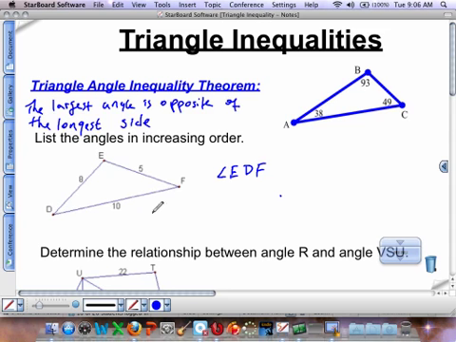Sam, what's the shortest side on that triangle? The angle opposite of that is angle D. That's your smallest angle. That's all you got to do. Draw a line opposite. There you go. We're done. What's my next smallest side?